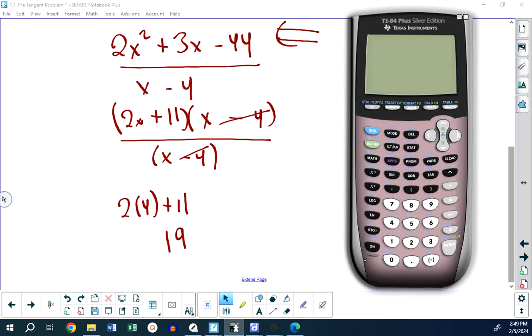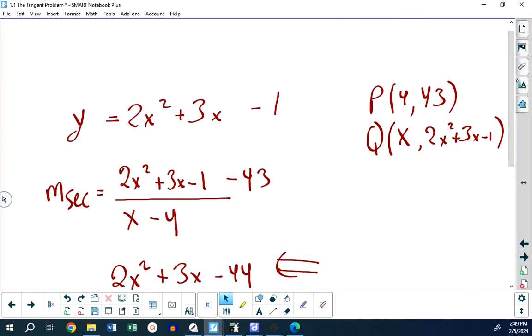One final thing. What I'm about to show you is not really anything you can use on an exam, because I'm showing it to you. So I'm going to graph y is equal to 2x squared plus 3x minus 1, I think. Yep.